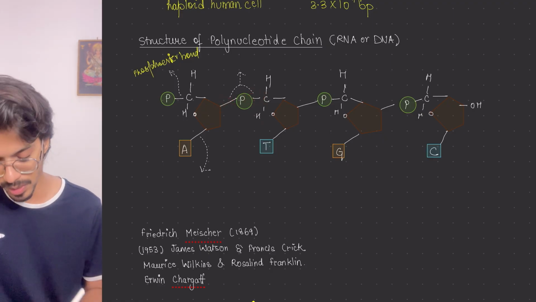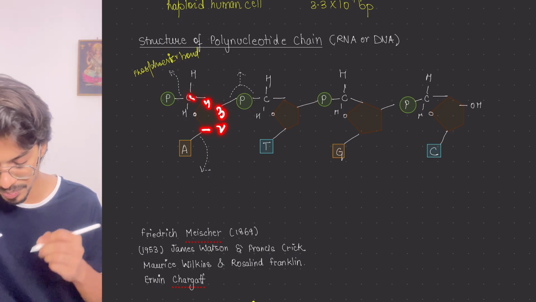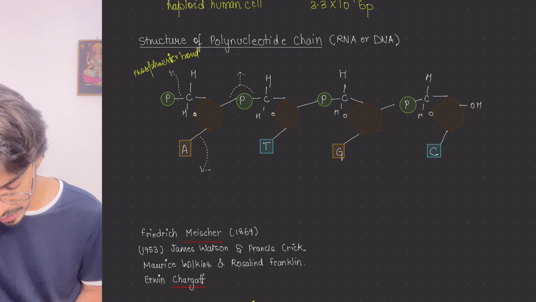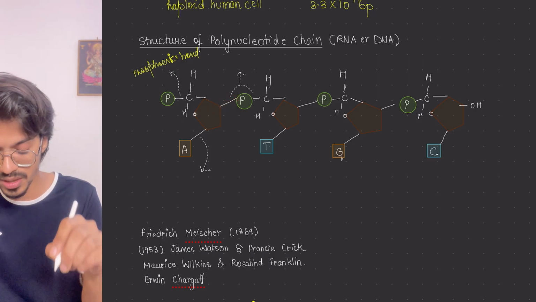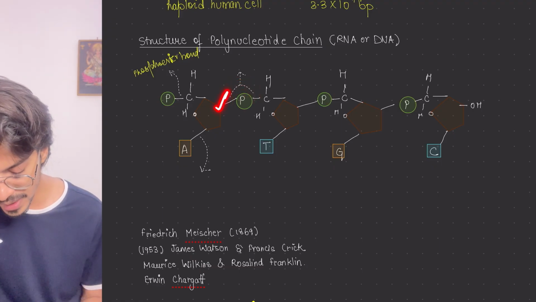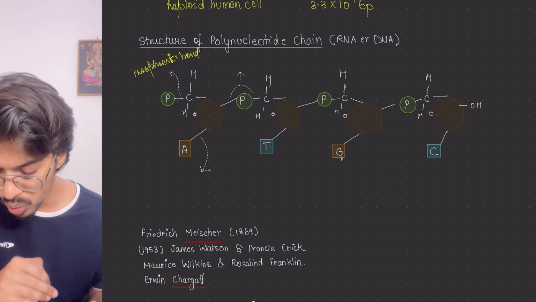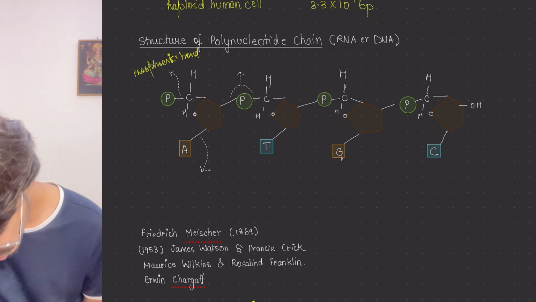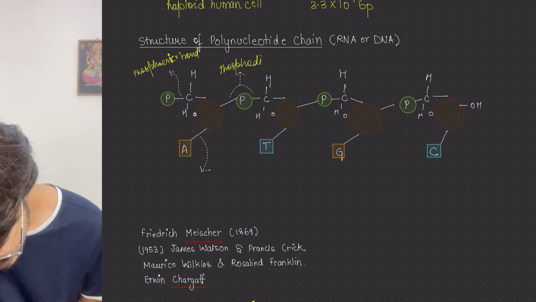This is the first carbon, second, third, fourth, and fifth. On the fifth also it is joining the bond, which is another phosphoester bond. Since 2 phosphoester bonds are present here and here, we use the word di, so this bond is called a phosphodiester bond.